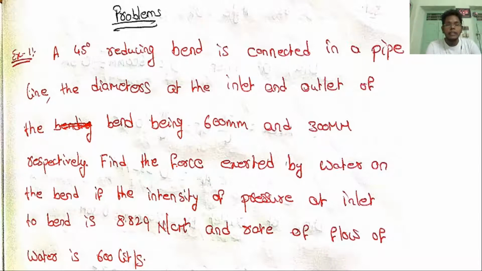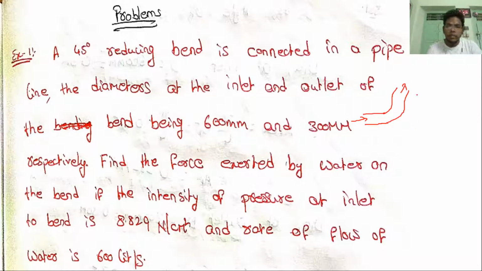Here, suppose this is our inlet. You can see this is our diagram. At inlet the diameter is 600 mm and at outlet the diameter is 300 mm. It is almost half of the diameter at pipe 1.